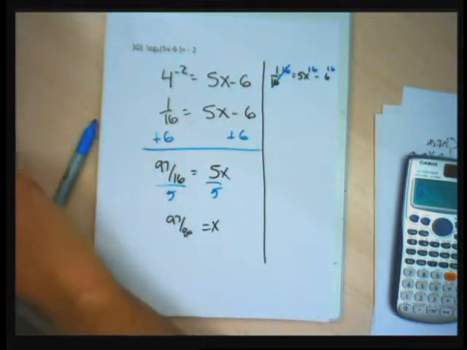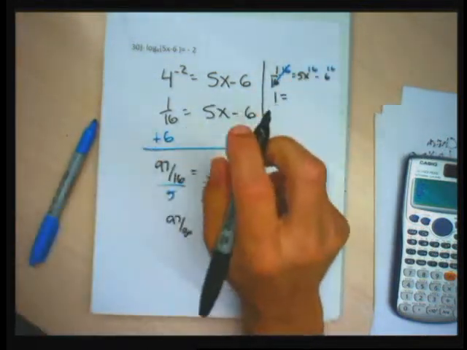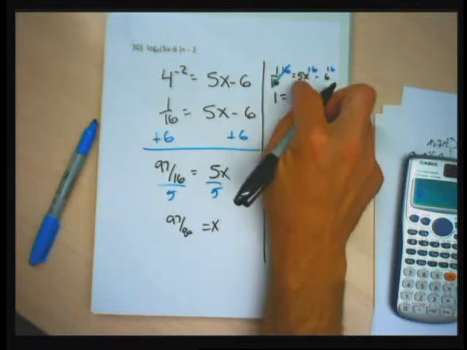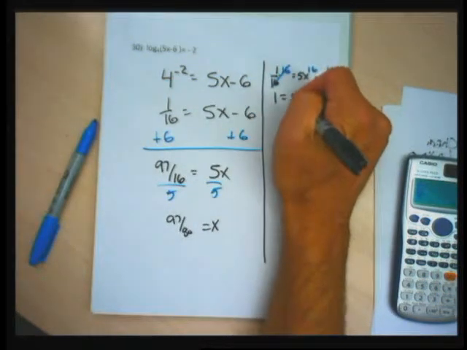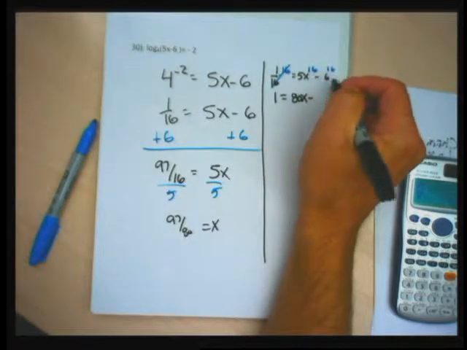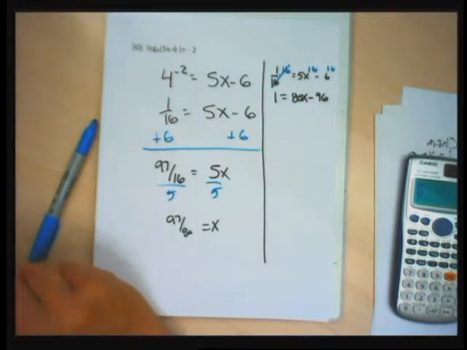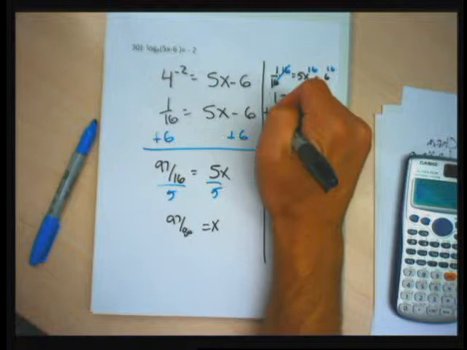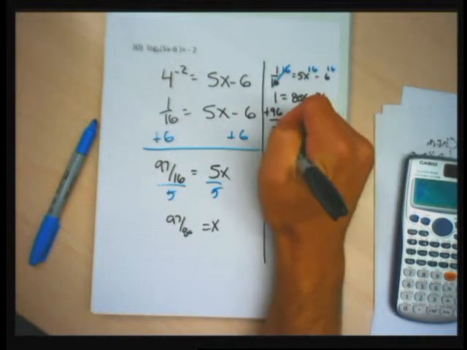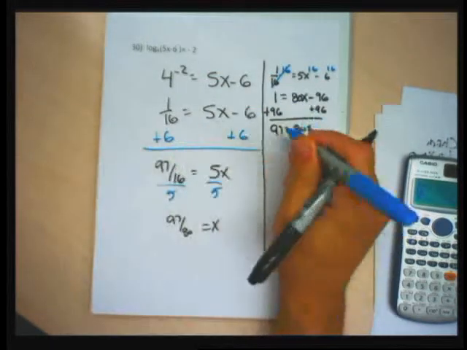So again, my answer 97 over 80, I just did with nice calculator work, but by hand I could still get there. Multiply by 16 to clear the fraction. 5 times 16 is 80. That would give me an 80x. 6 times 16 is 96. So I get 1 equals 80x minus 96. Add 96 to both sides. Gives me 97 equals 80x, and then divide by 80.